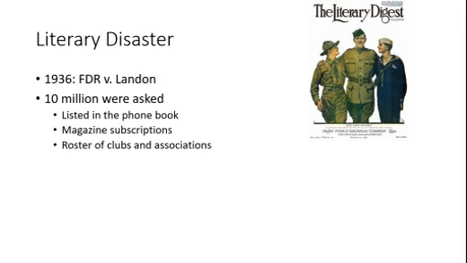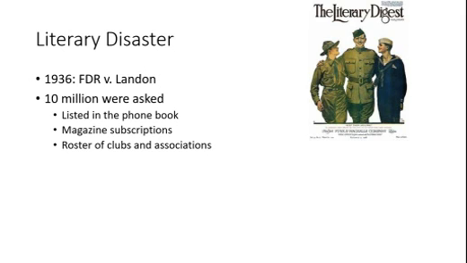Okay, so literary disaster. The Literary Digest was a magazine way back in the early 20th century. And their big thing around election times was always they tried to make a prediction who's going to win the election. And so in 1936, it was FDR against Landon, and they decided to go big. They were fairly good at predicting who was going to win in the previous years, and so they decided to go big.